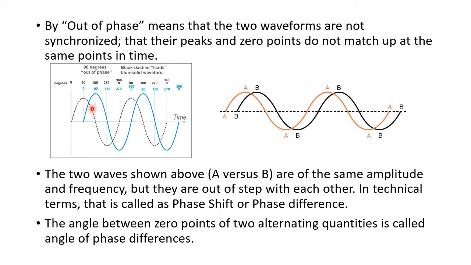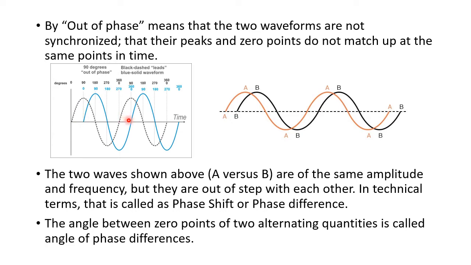But this blue wave has its 0 point here, then reaches its maximum value at a different angle. So it reaches its maximum point, 0 point and minimum point at different portions or different angles. That's why these are out of phase. These are one type of out of phase.